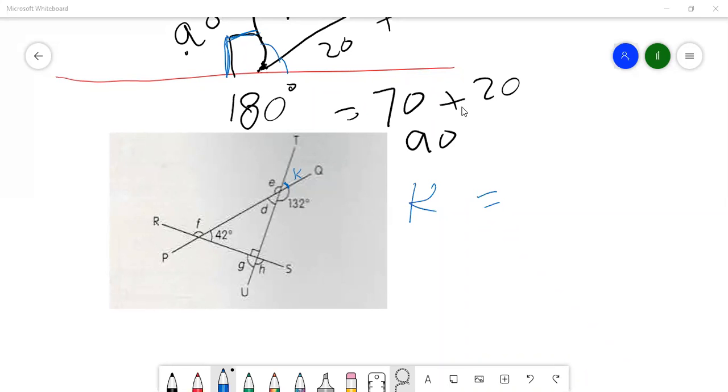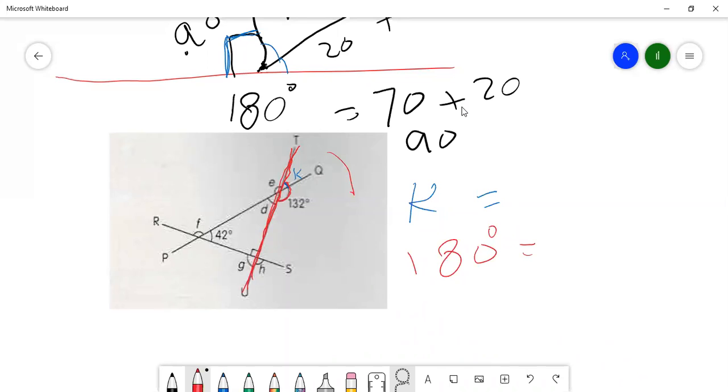Nobody? Okay, I will explain it. Can you see this straight line? What are the angles on this straight line from this side? We have K, we have this angle. The angle on the straight line is 180 degrees.